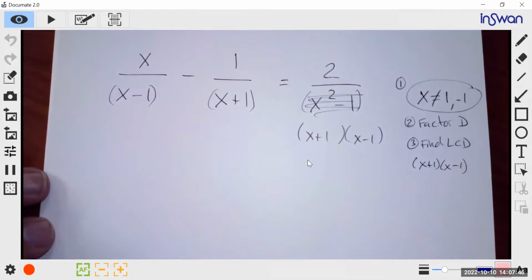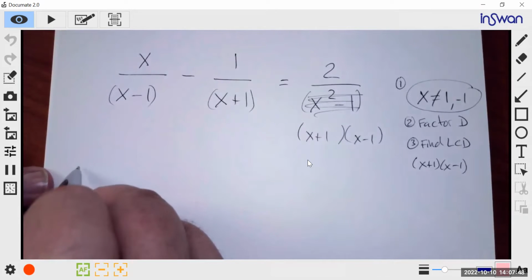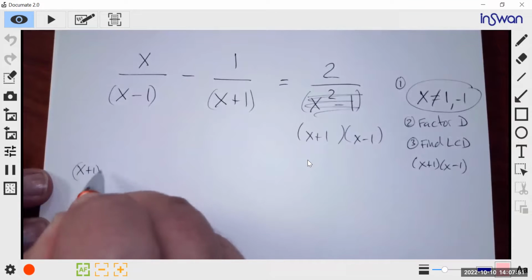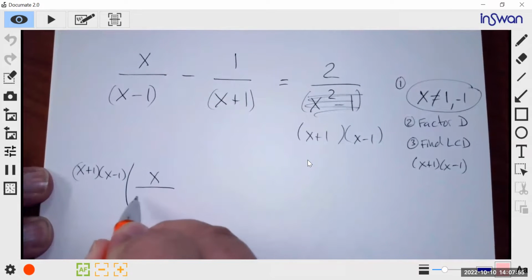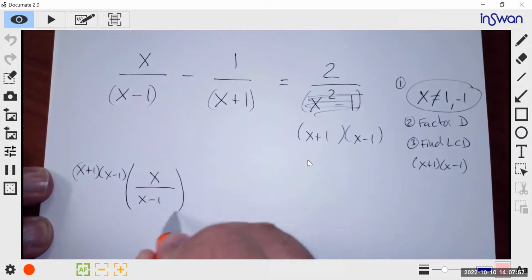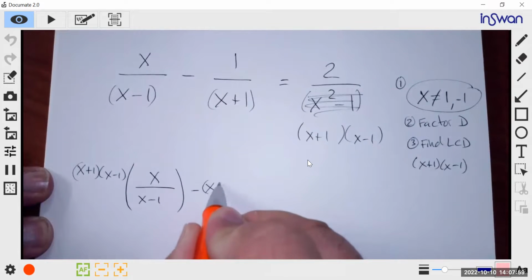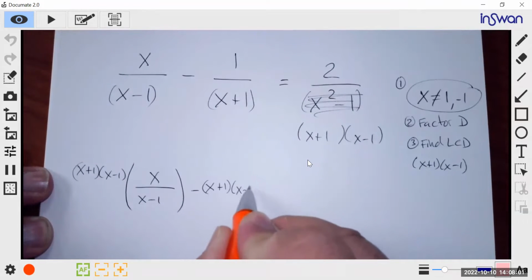And then we go on through the rest of the steps. So multiply x plus 1, x minus 1 to each term.